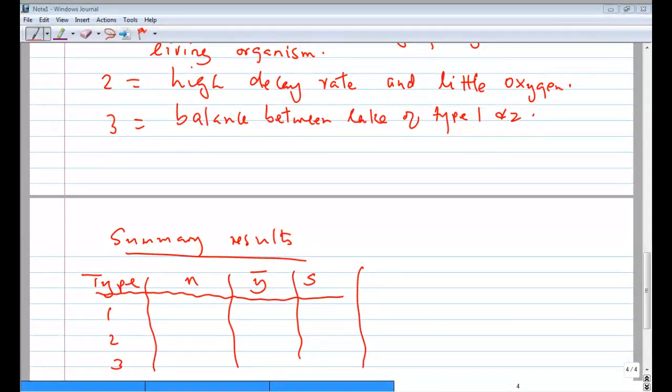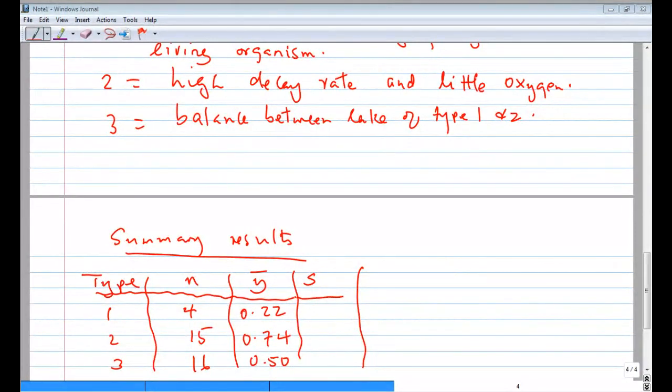The sample size of type 1 is 4. Type 2, 15, and then the last one is 16. Sample mean of type 1 is 0.22. Type 2, 0.74. Type 3, 0.5.